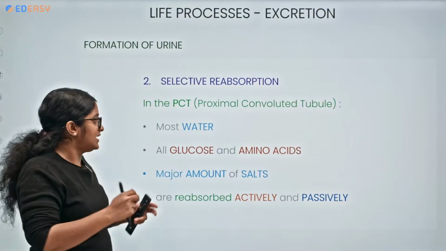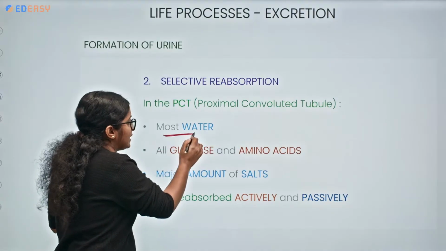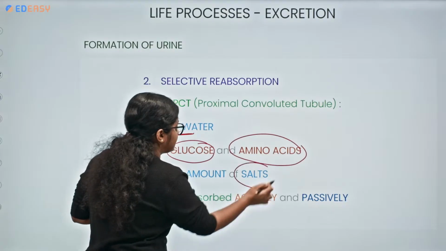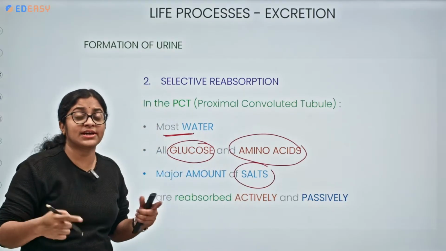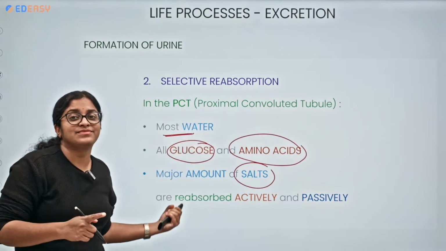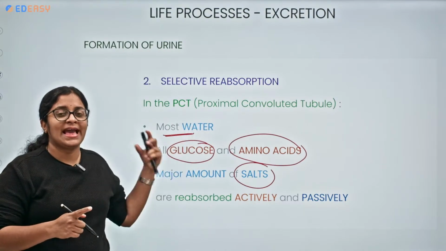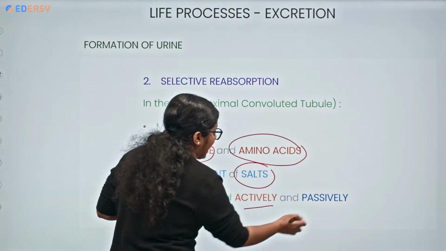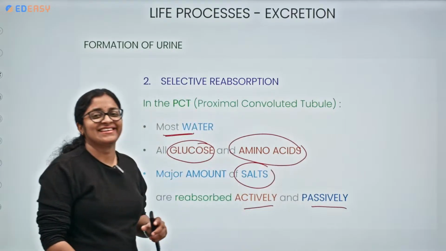Inside the PCT, most of the water, glucose, amino acids and salts, particularly the ones which are important for us, will be getting reabsorbed. And here it happens either actively or passively.